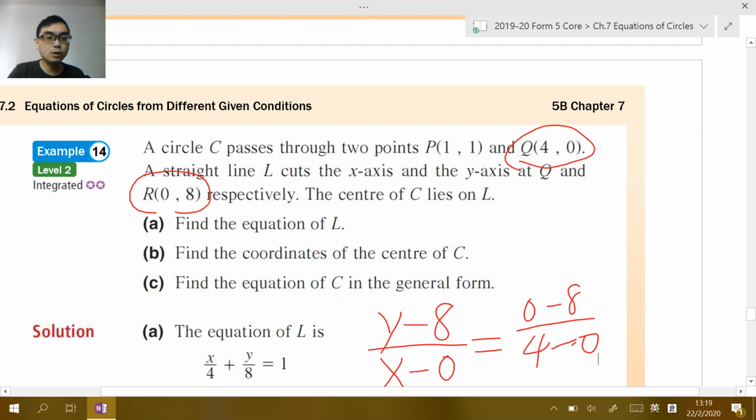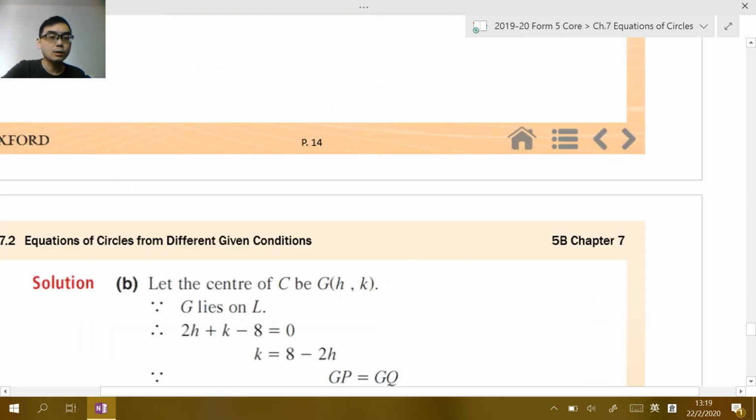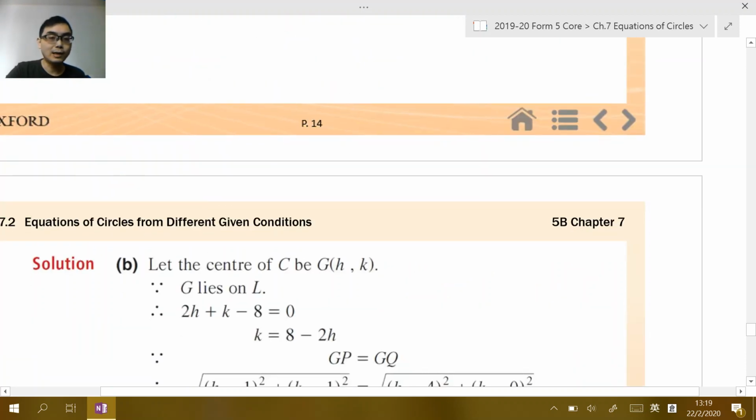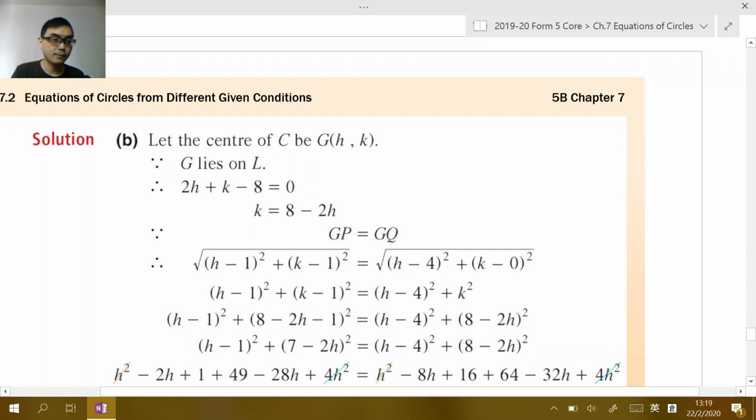So we don't know anything. Because we don't know anything, you can see that in part B, it first lets the center be (h, k), and then we combine some information to let you find both h and k. But you should expect that because you don't know the coordinates of the center, which has an x coordinate and a y coordinate, you should set 2 equations. In order to find these 2 equations, the book would write in this way.